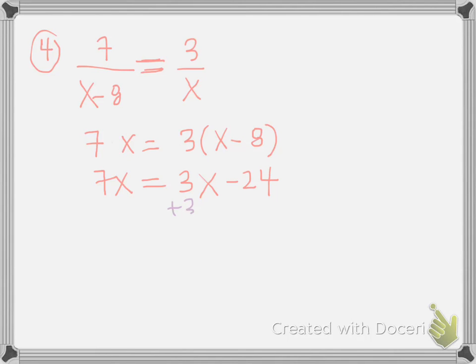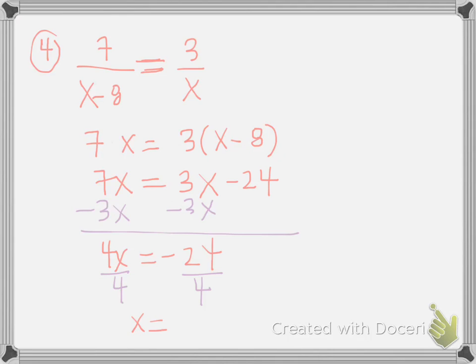Subtract your 3x. So you're going to get a 4x is equal to a negative 24, and then you're going to divide both sides by 4. So x here is going to be equal to a negative 6.